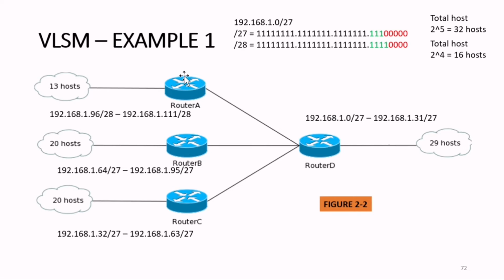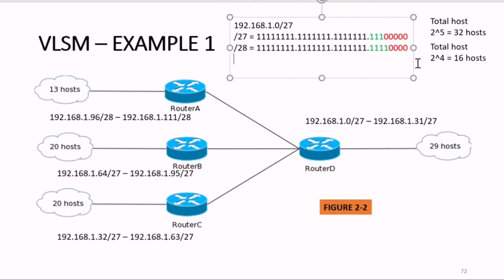So for this connection here, we require two IP addresses for the interfaces and network address, plus the broadcast address, which means we require 4 IP addresses. So for 4 IP addresses, we can use /30 subnet mask.